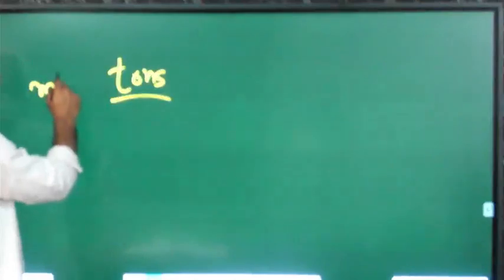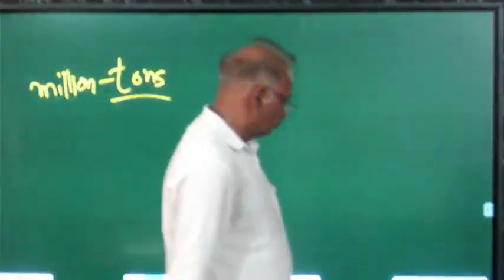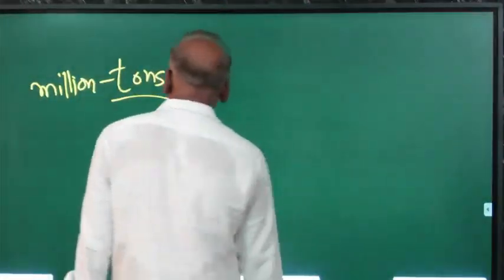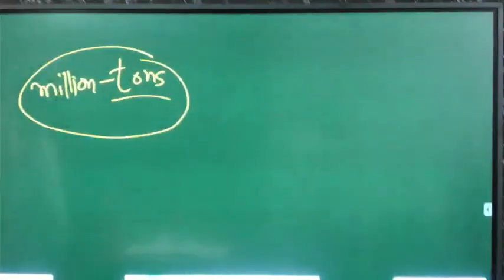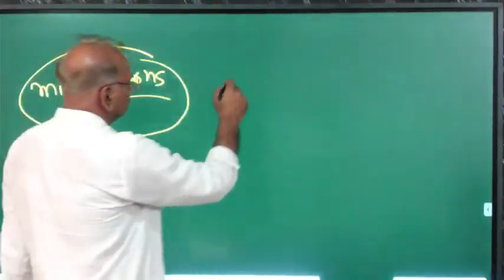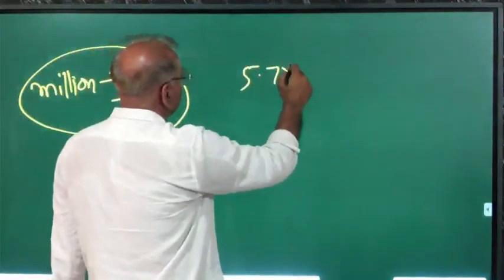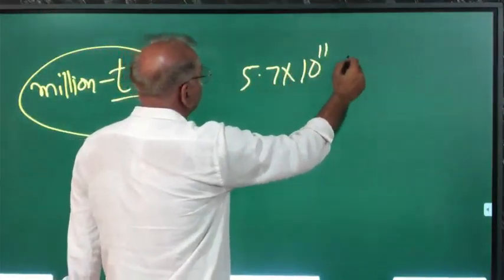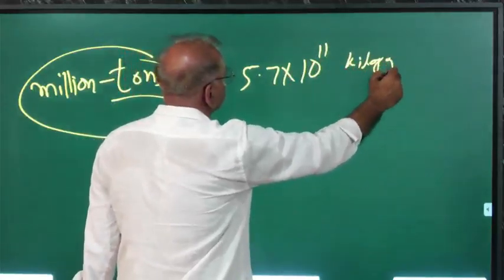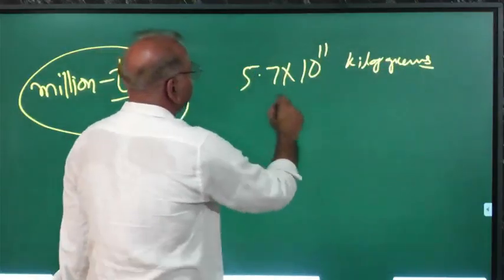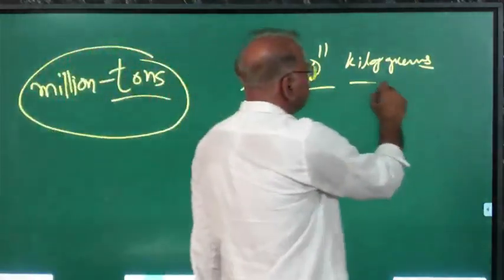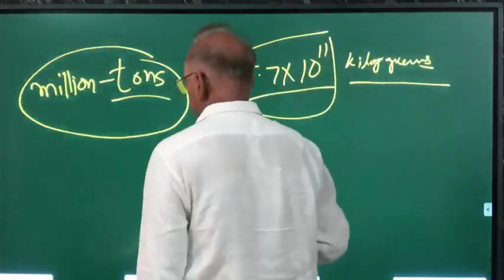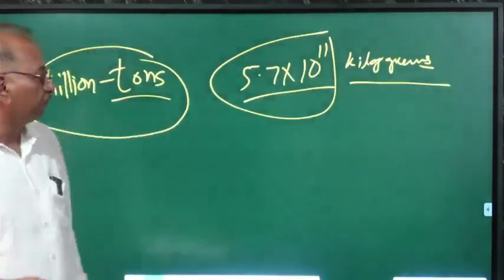Instead, expressing it as 5.7 into 10 to the power 11 kilograms is rather simple and standard, compact also, and does not have any confusion, right?